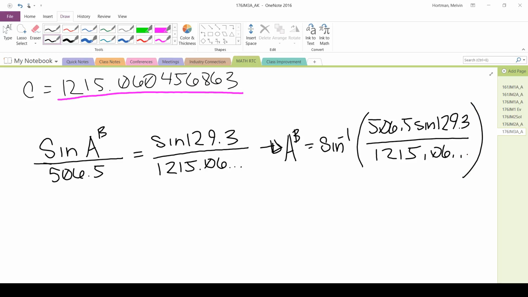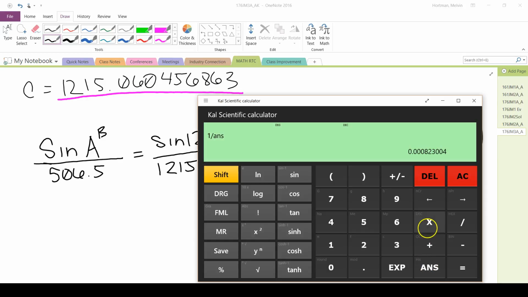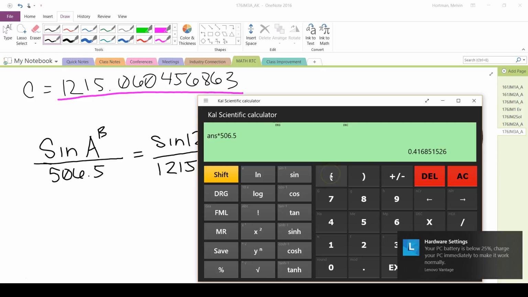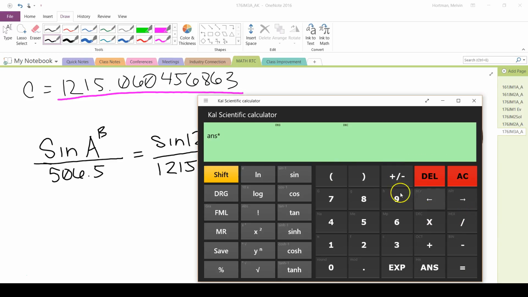So I multiply by 506.5, multiply by sine of 129.3, and then take the inverse sine of that, which gets me 18.81.